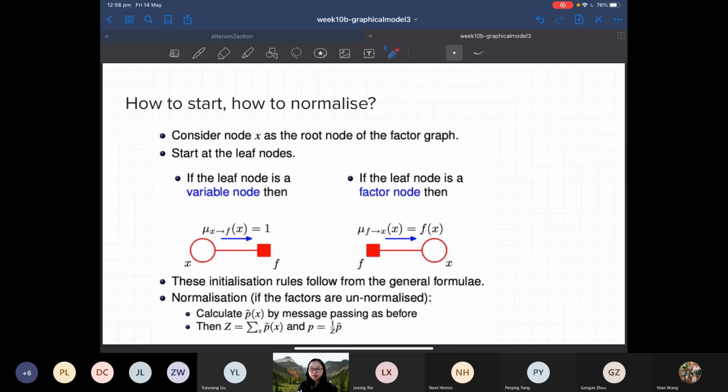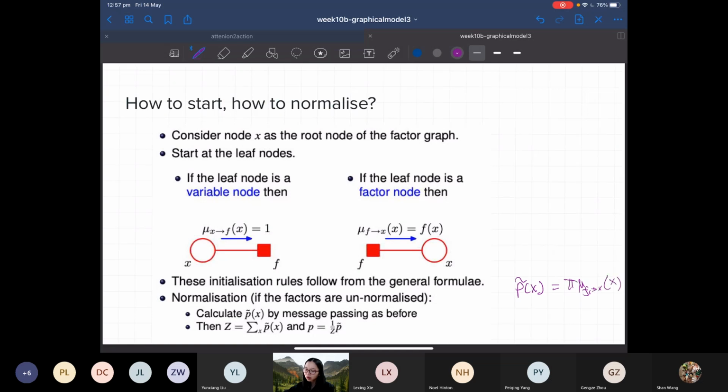The answer is actually easy if we're computing marginals, because, as we say, the unnormalized marginal on the node X is simply a product of all the factors Fs connected to X, right?